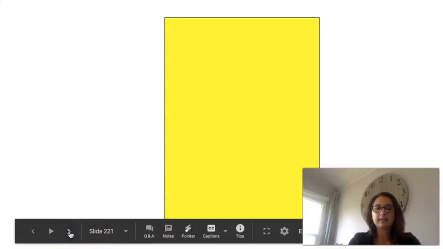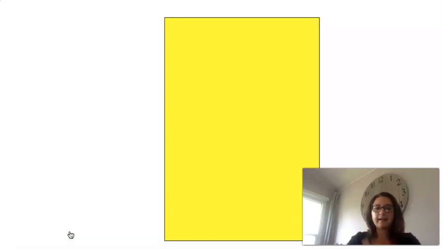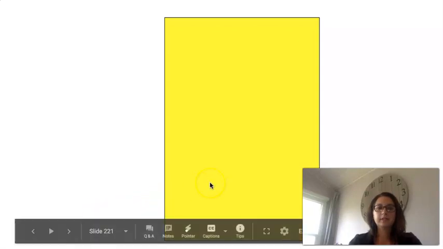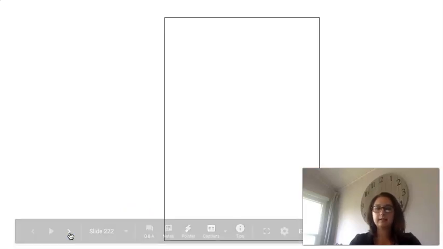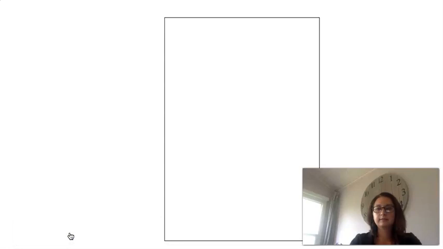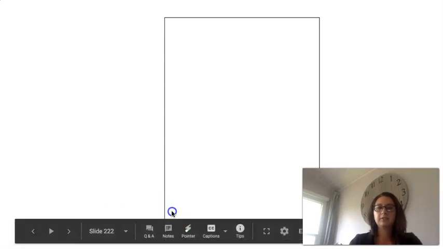The next sound is A. Did you find the letter A? A says A. The next sound is D. Did you find the letter D?